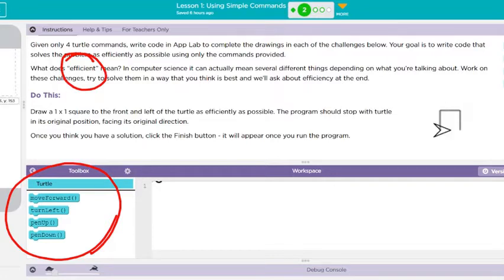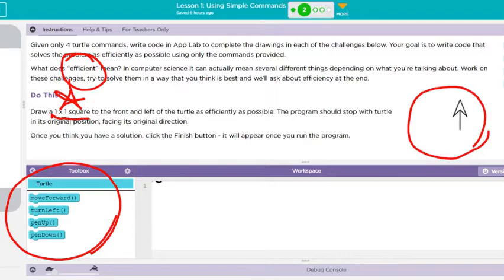So our first do this is right here. They want us to draw a 1x1 square to the front and left of the turtle as efficiently as possible. So if you look at this drawing that is playing in the background, you're going to see that when I start off with this turtle, it's starting off facing in the up direction.